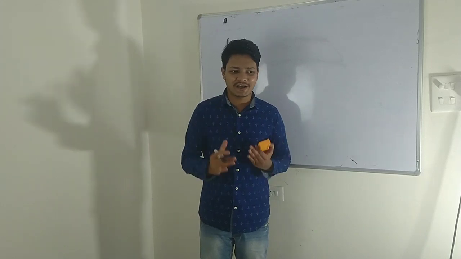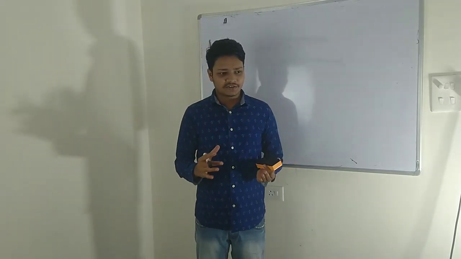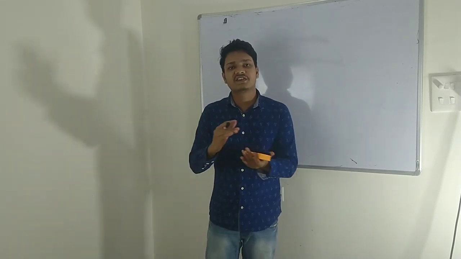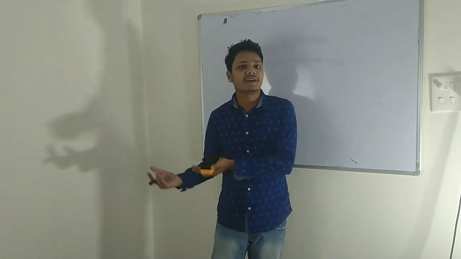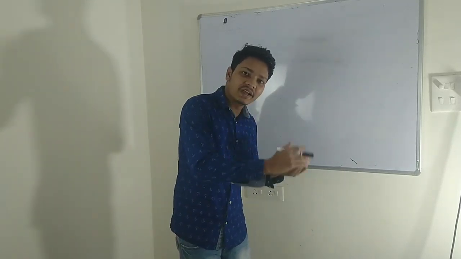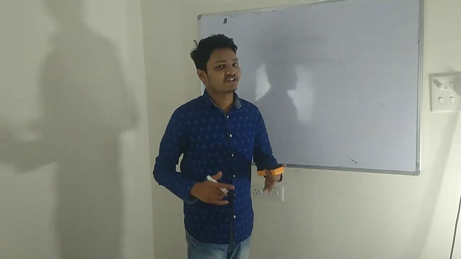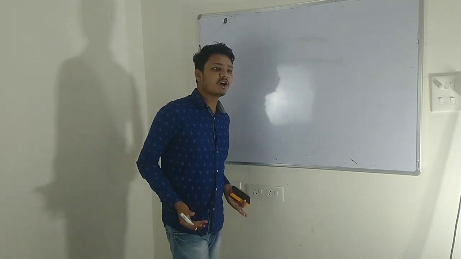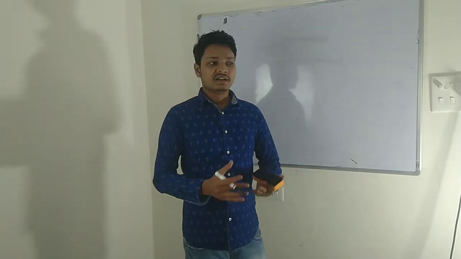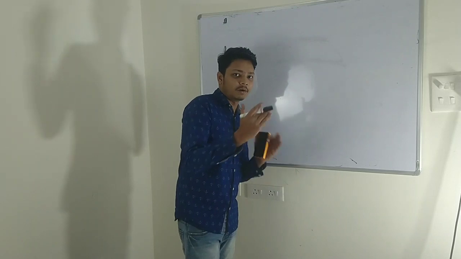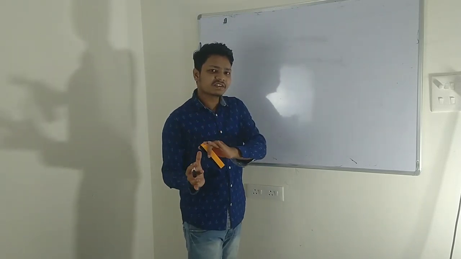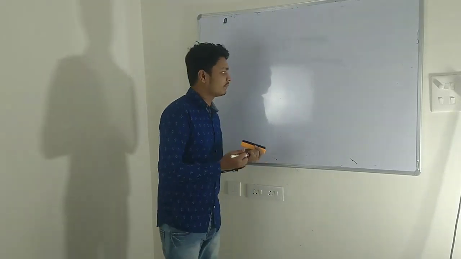Let me discuss these laws briefly. The first law tells us the law of inertia: if a body is at rest, it will remain at rest; if a body is in a state of motion, it will remain in its state of motion until and unless an external agent acts on it. Second law, F is equal to ma. Third law, action has equal and opposite reaction. Let me discuss by examples.